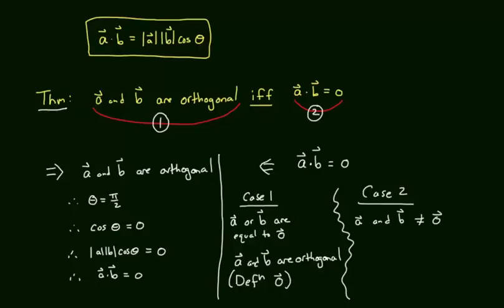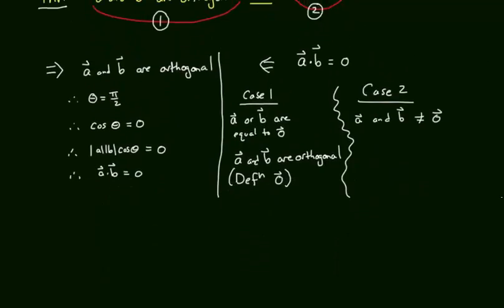In case 2, neither A nor B is equal to the 0 vector. So that's saying that the magnitude of A is not equal to 0, and the magnitude of vector B is not equal to 0.